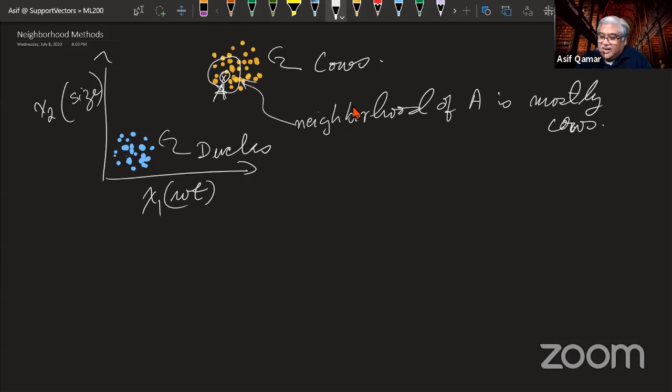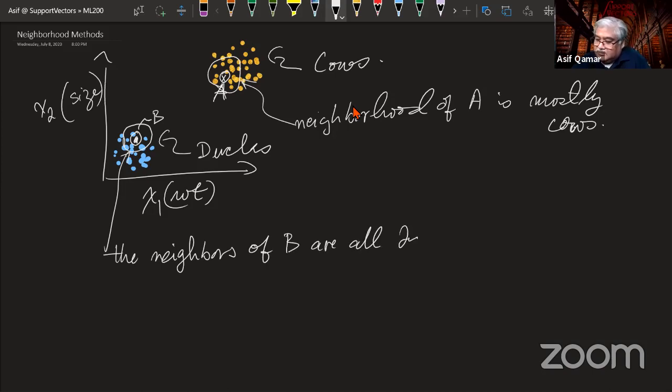On the other hand, if you get a point B, and you look at the neighborhood of B, they are all ducks, isn't it?